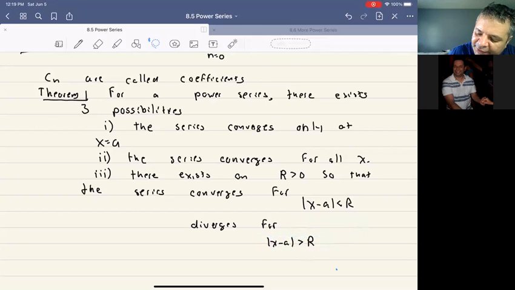Okay, now this doesn't say anything about x minus a equaling r. Okay, and we'll come to some situations where we have to do special things when x minus a equals r. Okay, so let's take a look at an example of all three.